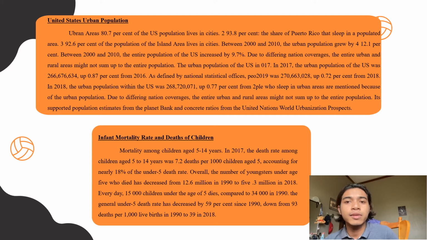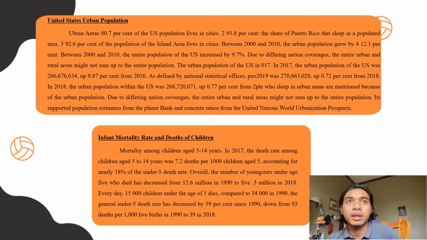Infant mortality rates and death of children. Mortality among children aged around 5 to 14 years old. In 2020, the death rate among children aged 5 to 14 years was 7.2 deaths per 1,000 children.